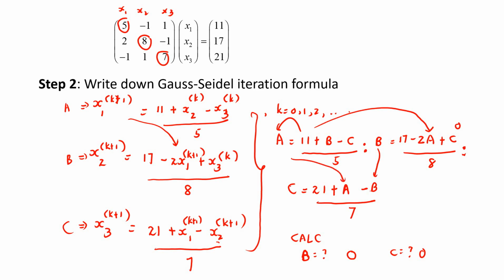The A value plugs in here, and you get C. So you just key in B 0, C 0, and you obtain A. The A value is automatically substituted in the B formula together with the previously keyed in value of C, and you get B. B will be automatically plugged in here, and A is plugged into the C formula, and you obtain C. So you get x1, x2, x3 at iteration 1.